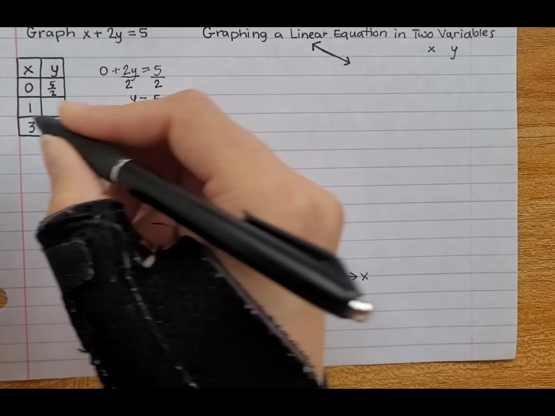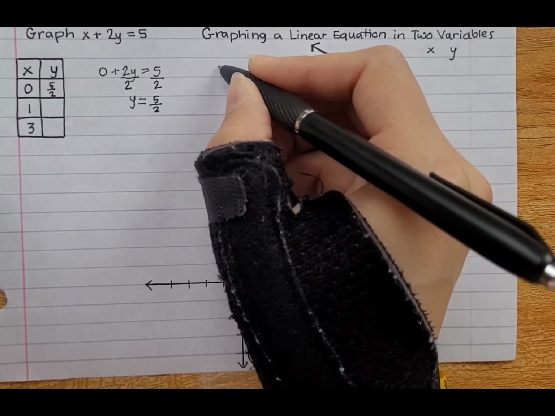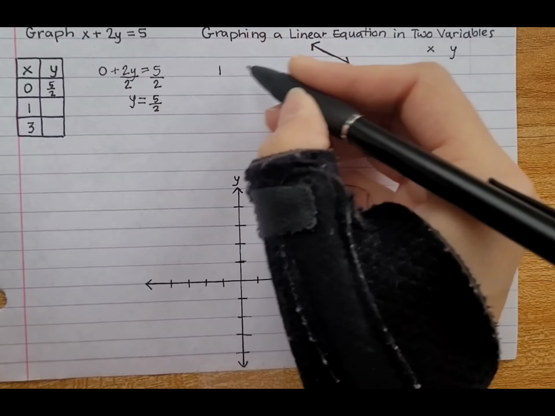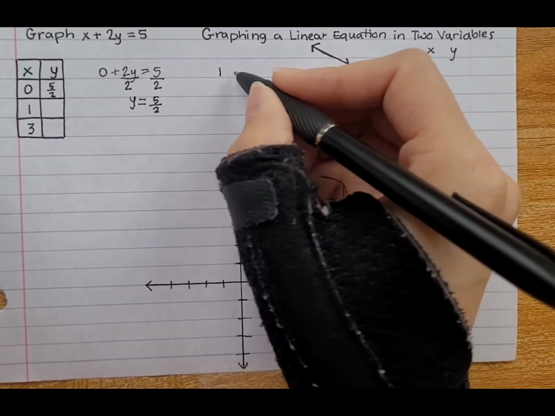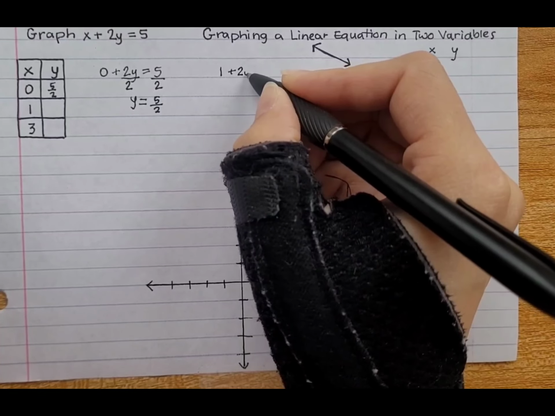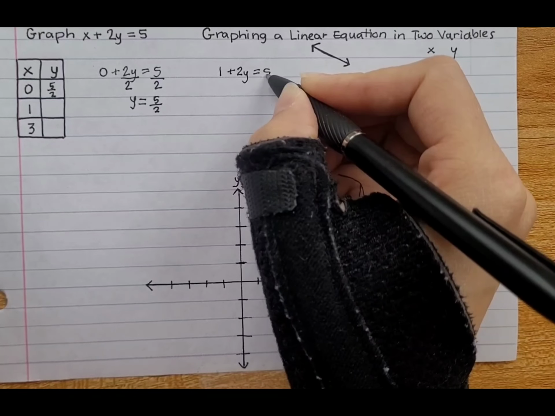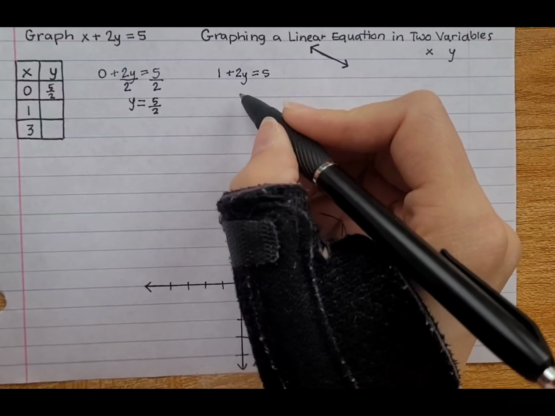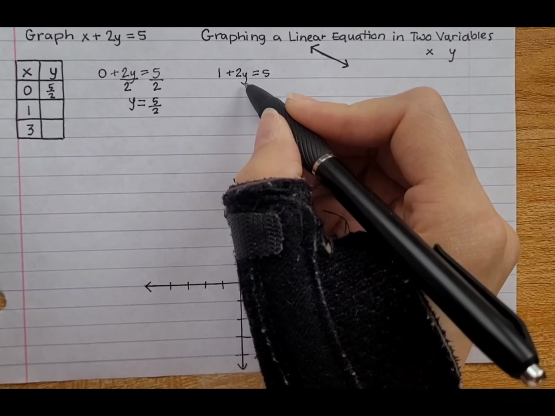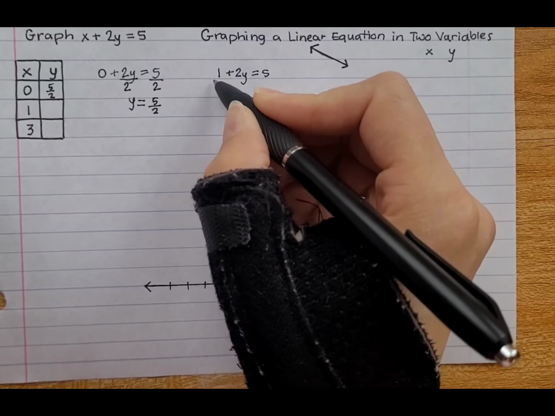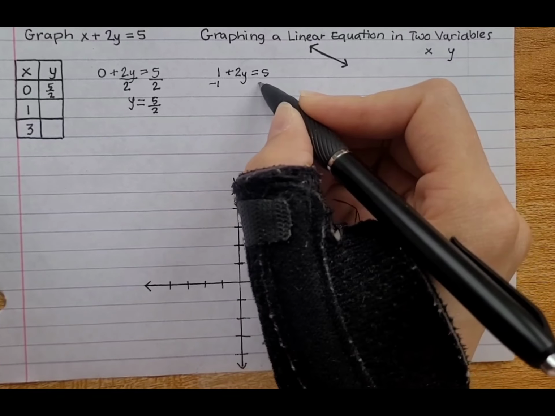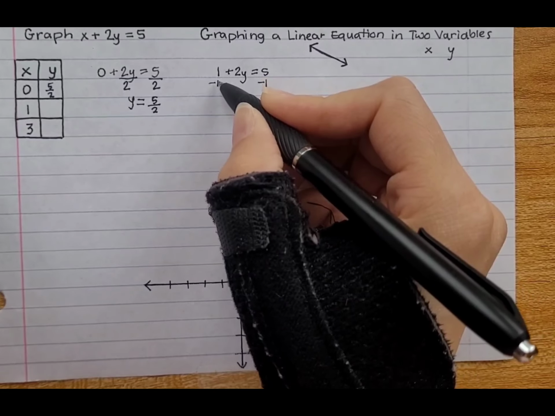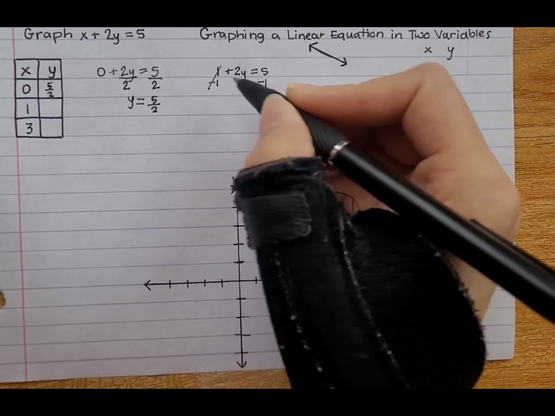Okay, number 2, where x equals 1. So we're going to put the 1 in for the x, plus our 2y equals 5. Okay, now we need to get rid of this 1 and the 2 to leave y alone. First, we're going to subtract 1 from both sides. 1 minus 1 is 0.